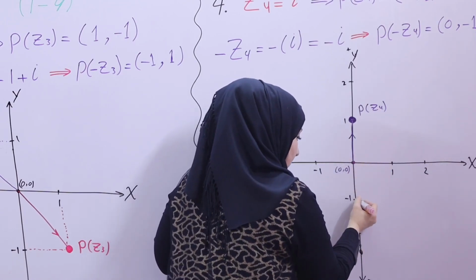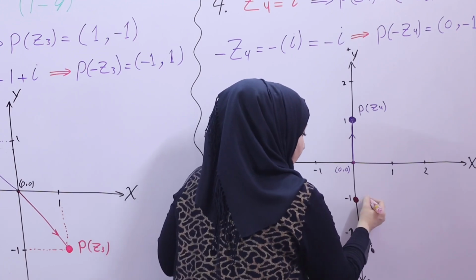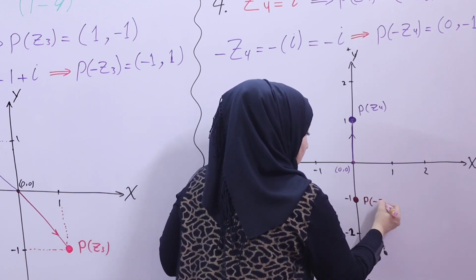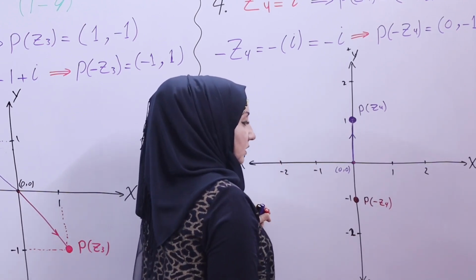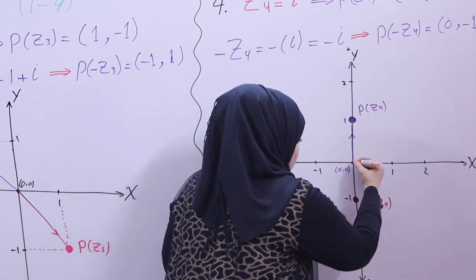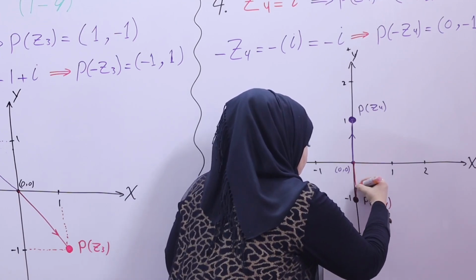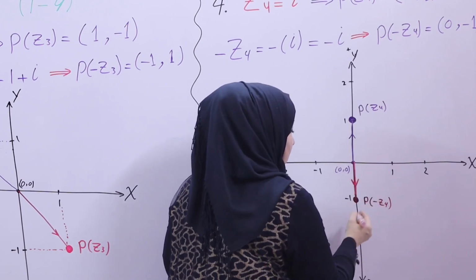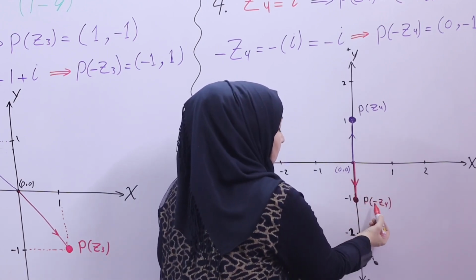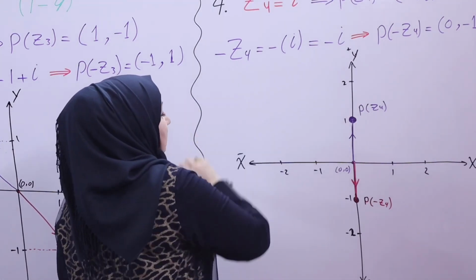So the point (0, negative 1) is the point which represents the negative of Z4. And now I want to draw the argand shape, so I connect the origin and the point which represents negative Z4. So this will be the argand shape of the negative, the additive inverse of Z4.